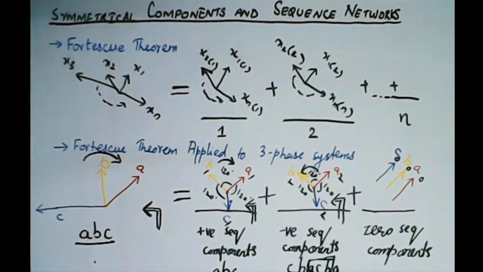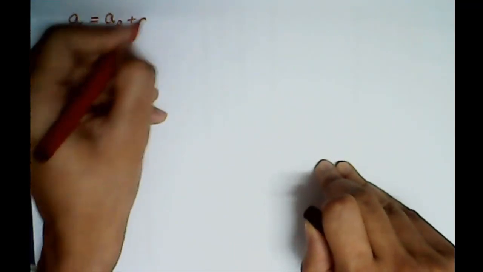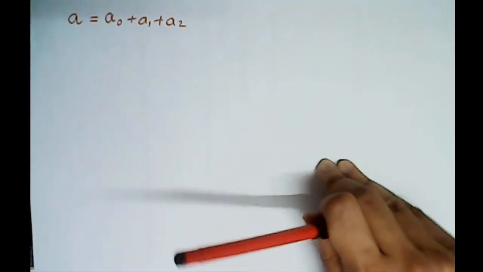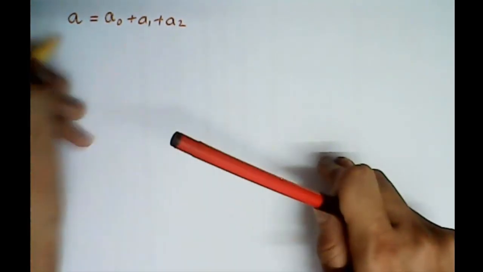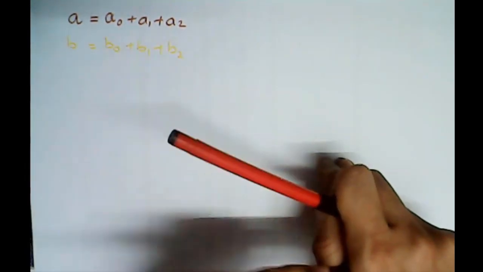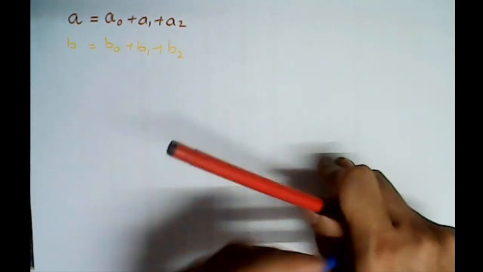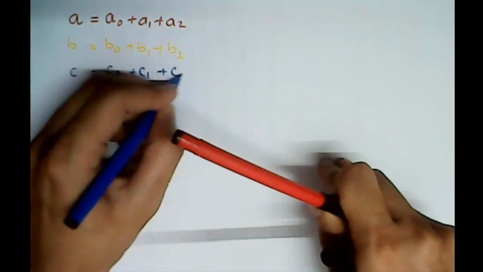Got it? Now what does this mean? That phase A in terms of phasor components is equal to A0 plus A1 plus A2. Phasor sum. Similarly, phase B is equal to B0 plus B1 plus B2, and phase C is equal to C0 plus C1 plus C2.